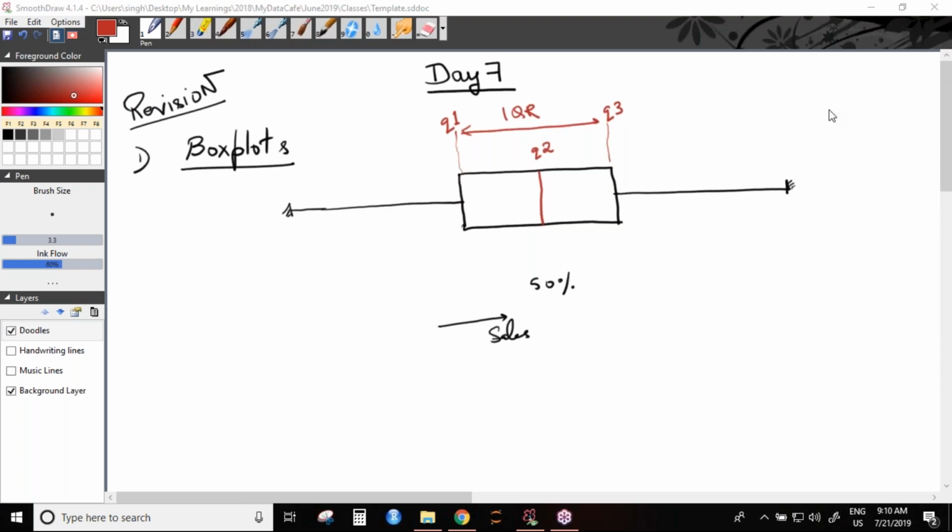And what is this distance? What should I write here? Somebody tell me.